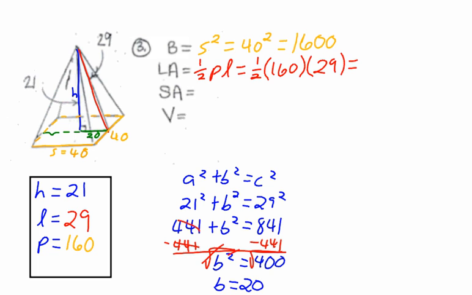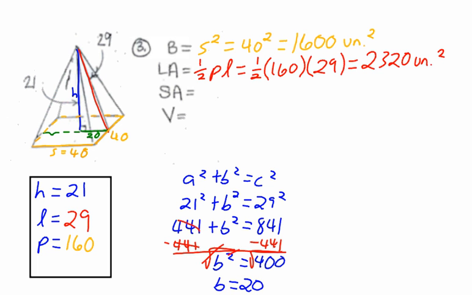When I plug all that into my calculator, I end up with a lateral area of 2,320 units squared. Go back to my base area. I'm just going to put my units on here. So it's going to be units squared.